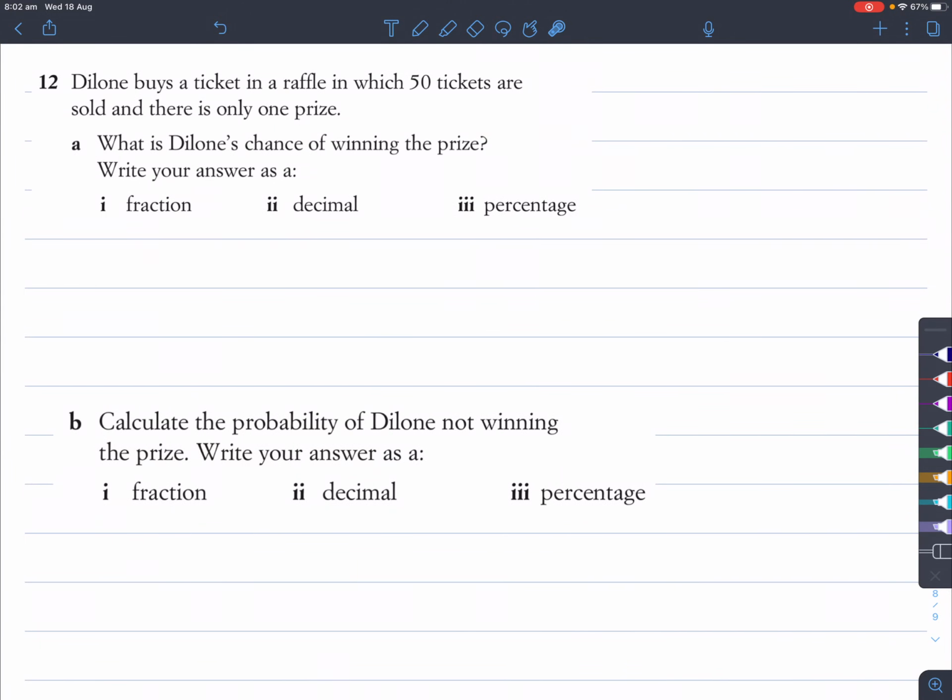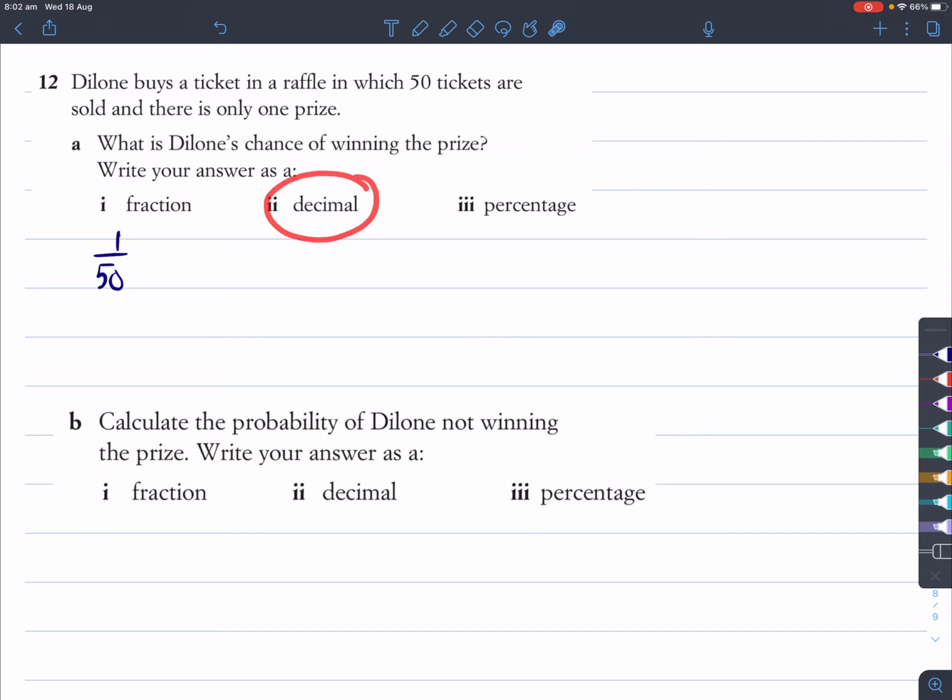Question 12. Dylan buys a ticket in a raffle in which 50 tickets are sold and there is only one prize. What is Dylan's chance of winning the prize? Write your answer as a fraction. So if there are 50 tickets and he only has one ticket, this will be 1 out of 50.